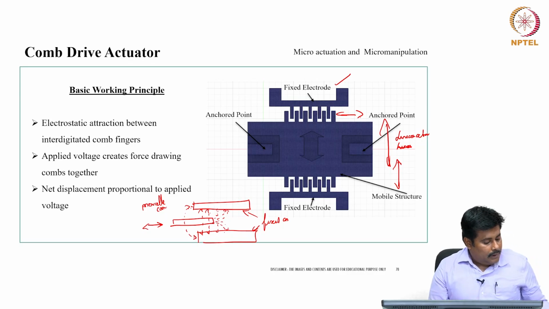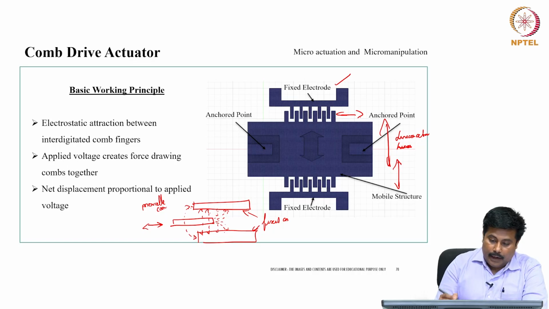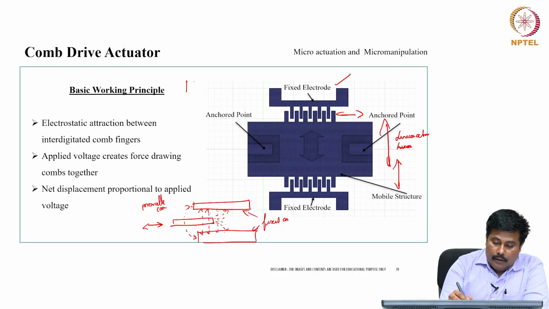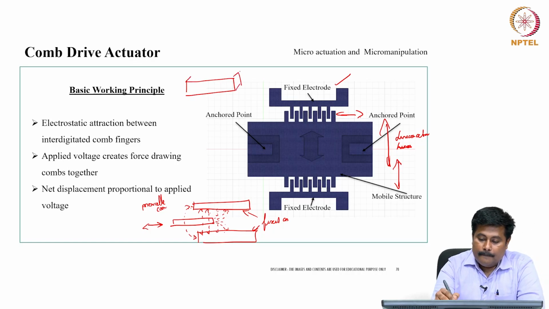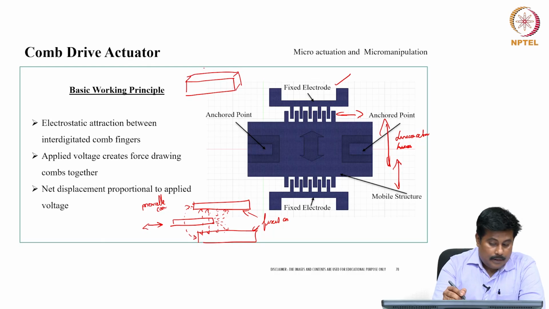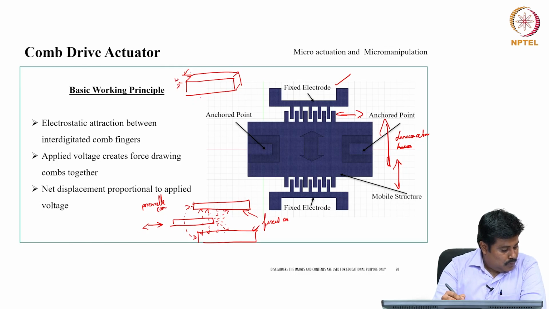When we look into the parameters, if this is the structure, we have W, G2, G1.